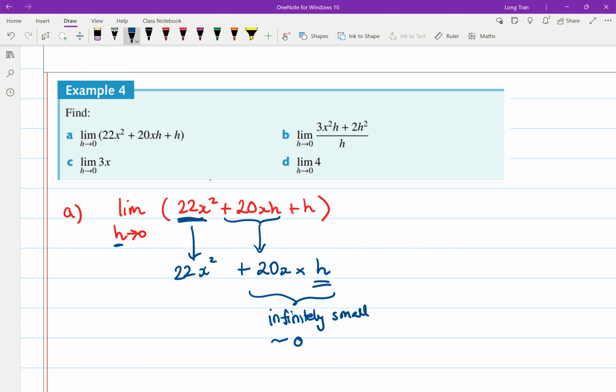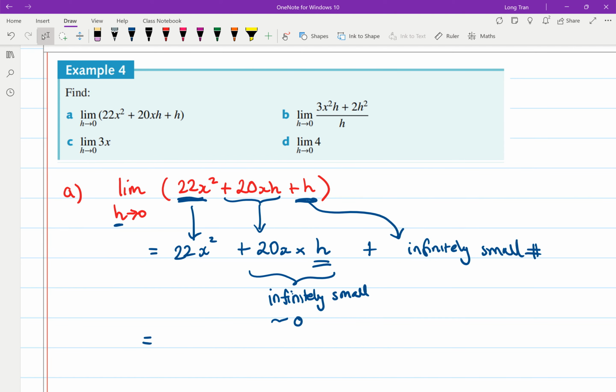Would it just be like 22x squared plus h? That's another good question. Yes, so it's 22x squared plus infinitely small plus, now this third term, h. Now h is going to be approaching an infinitely small number. So if you're adding on an infinitely small number, what's the overall result approaching? This one is approaching 0, so it's like adding on a 0.